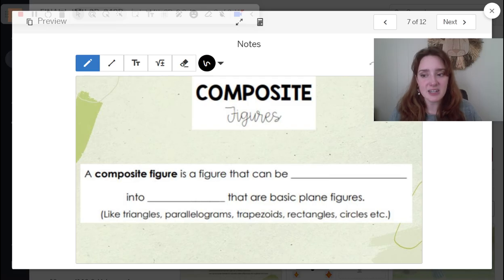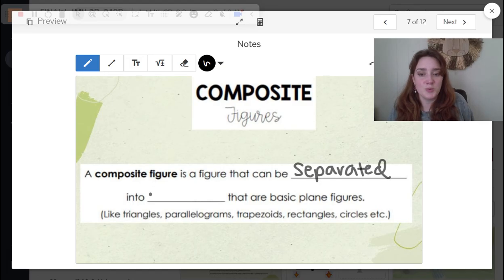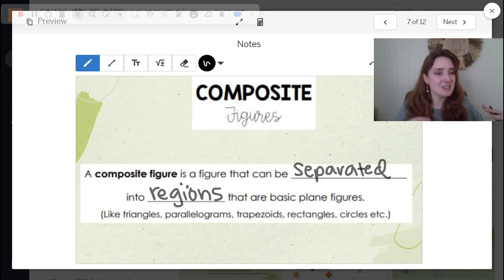For this next portion, we're gonna be talking about composite figures with spheres and hemispheres. A composite figure is just a figure that can be separated into regions, separated into regions that are basic plane figures.